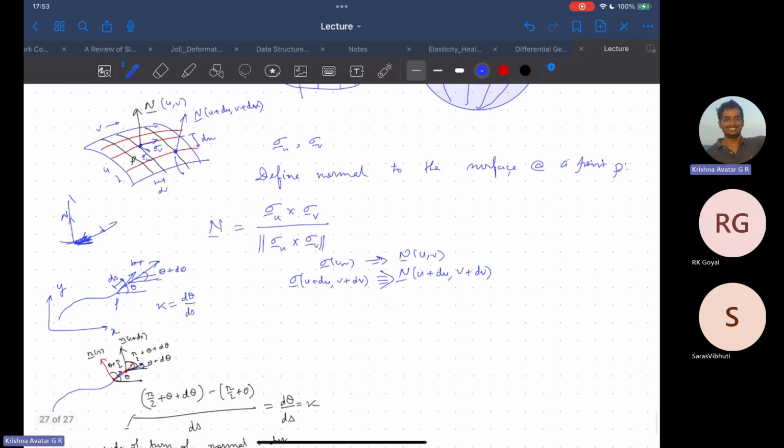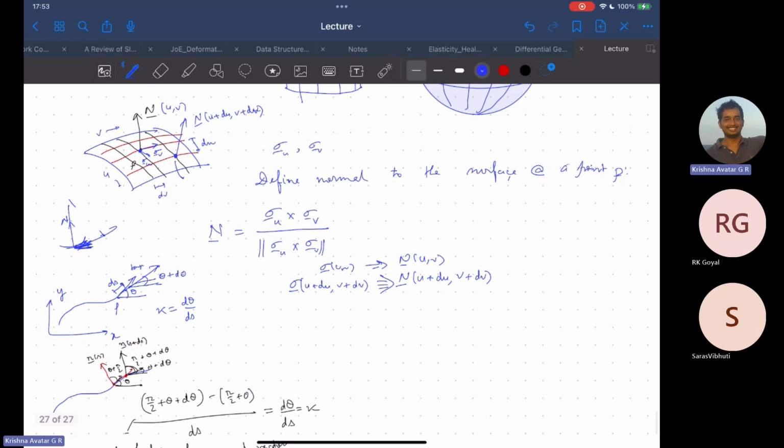What happens is, in surfaces we'll use a similar approach. Say you have sigma(u plus du, v plus dv) minus sigma(u, v), dotted with the n vector.